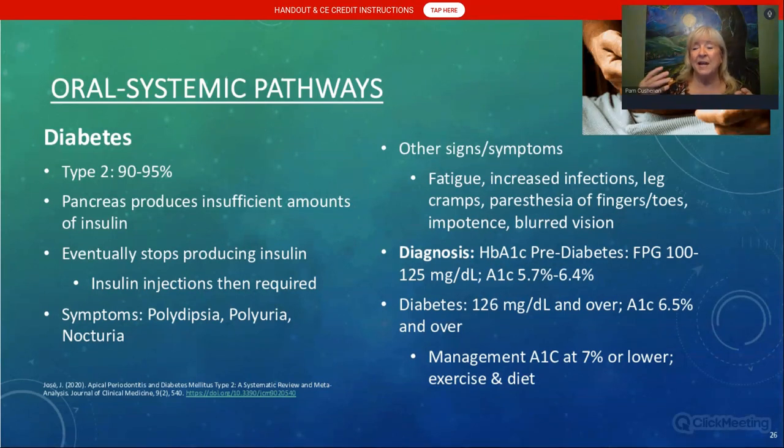Well, if a dentist is doing extractions, 180 is the breakoff point. An A1C of 13, nope, don't do it. Okay, those are the numbers.